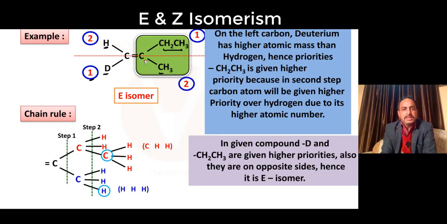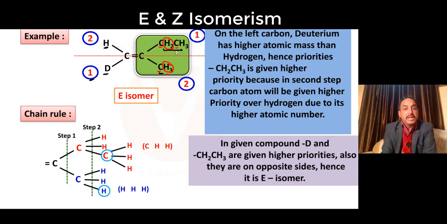In this case, the first point of attachment in both cases is carbon. Second point of attachment: here 2 hydrogens, here 3 hydrogens. Then the next point of attachment in this case is carbon, whereas in this case there is hydrogen.